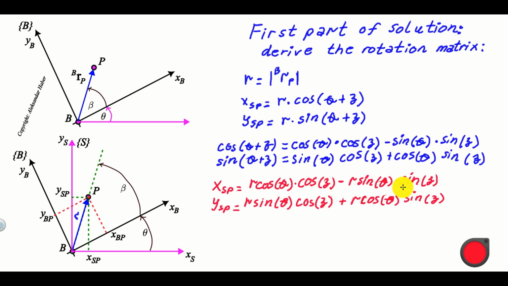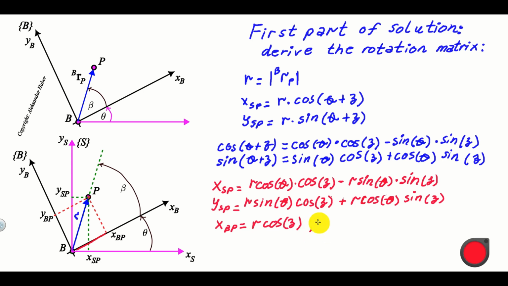Next, let's analyze what R cosine beta and R sine beta are. Let's analyze this figure. From this figure, we can see that XBP, that is this distance over here, is equal to R cosine beta. This is very important.